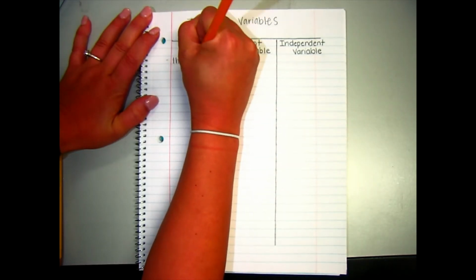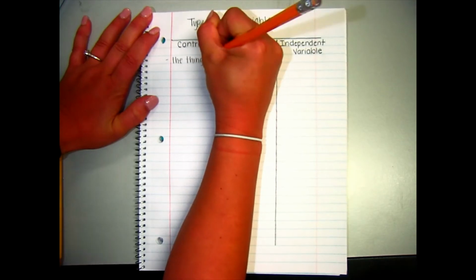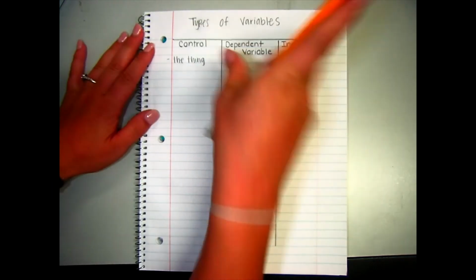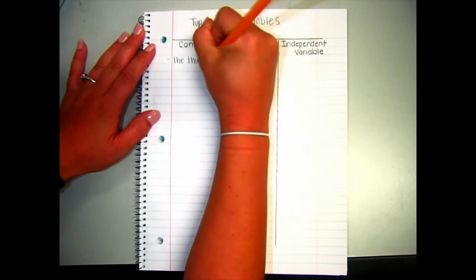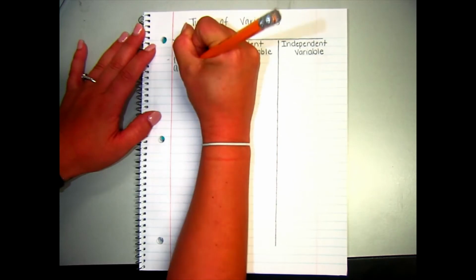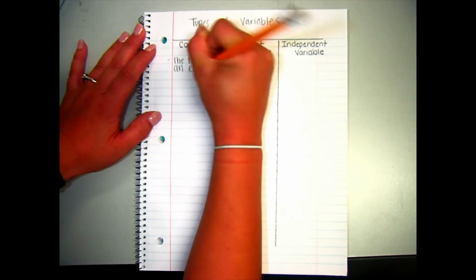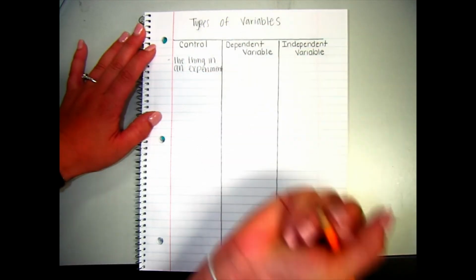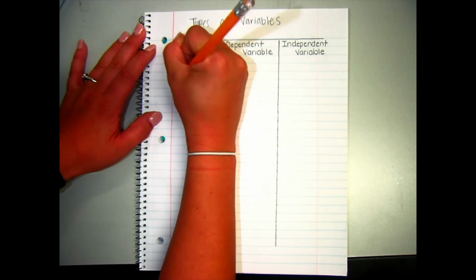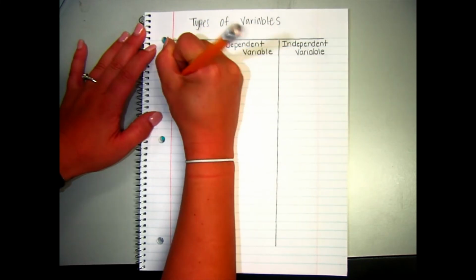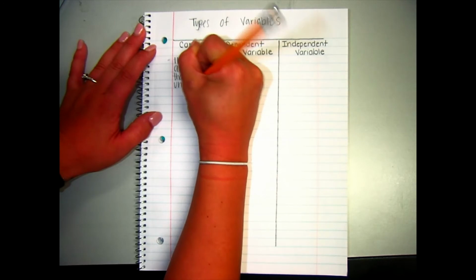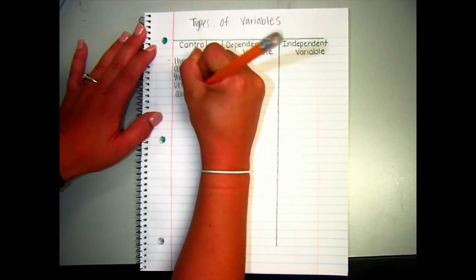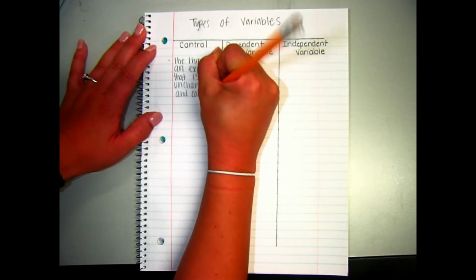The thing in an experiment that is unchanged and constant.